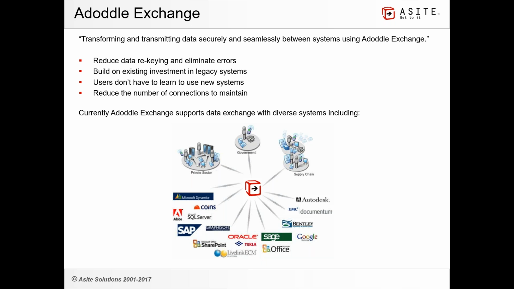This data can sit in accounts and procurement systems like Coins or SAP or Sage, or building systems. So you can see there's a number of connections, and there's many more that we have connected with to exchange data such as orders, invoices, and even documents, which reduces the amount of rekeying and the admin that businesses have to undertake within their organizations.